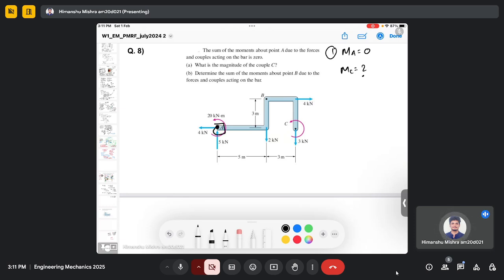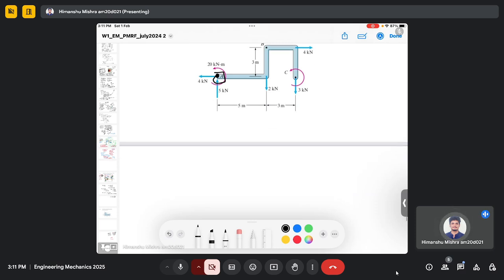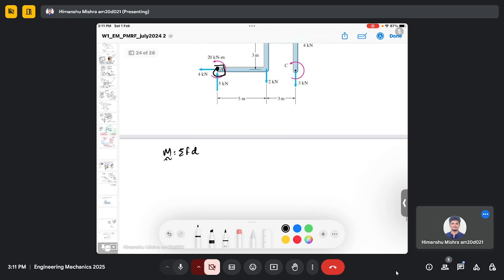So if I use the equation for the moment, which says that it is the summation of force multiplied by distance, it is a scalar equation, and this is 0 at A. So I can use this equation.